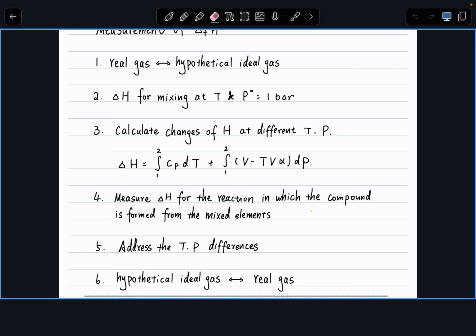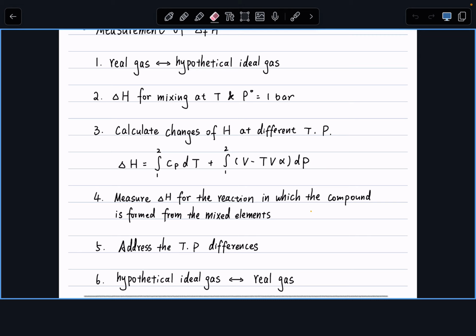First of all, we have the partial differential of H over P at constant T. So that's called the pressure dependence of enthalpy, equals negative T V alpha plus V. Or you can have the isobaric heat capacity, partial of H over T at constant P equals Cp.